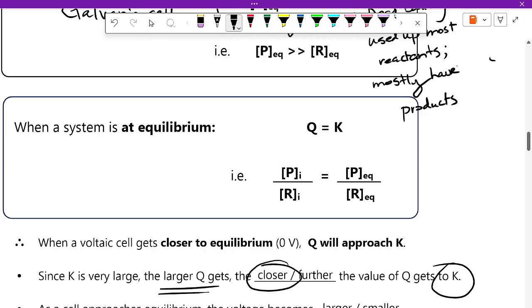So the bigger the amount of product is, the closer we're going to get to K, right? The smaller the amount of reactants is, the closer we get to K.